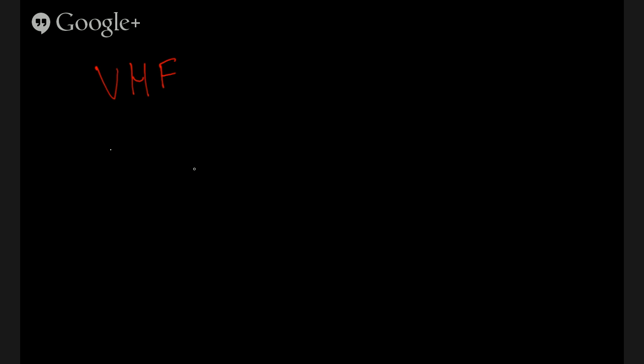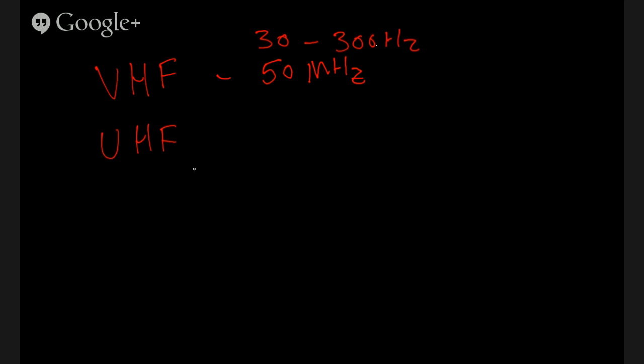There we go. VHF and UHF, which are around, basically we'll call VHF everything above 50 megahertz or so is where we're concerned. It's technically anything from 30 to 300 megahertz.